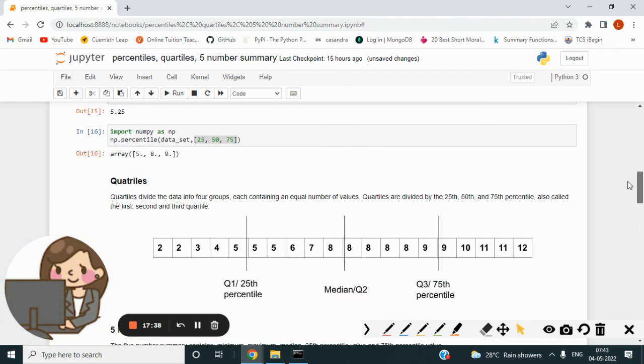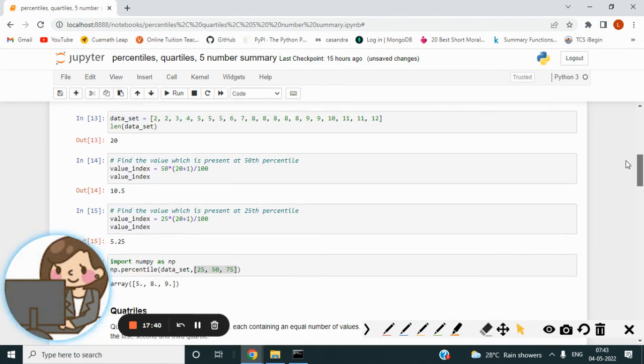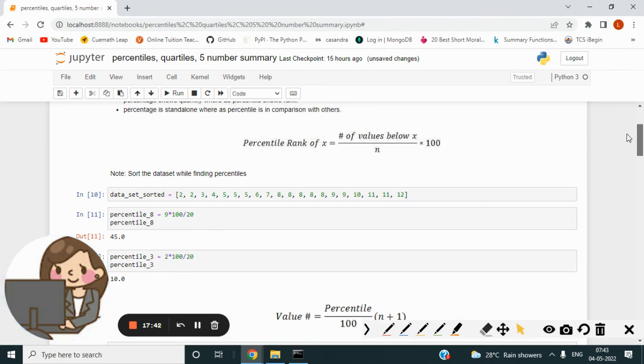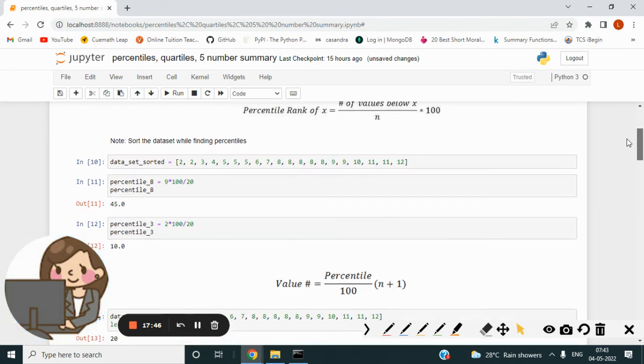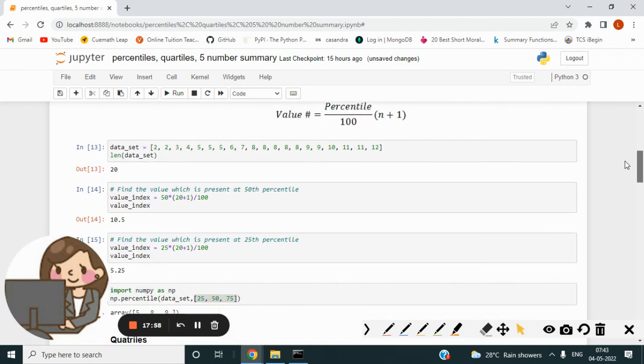So in today's video we covered the difference between percentiles and percentage. Percentage is used to quantify some value by taking 100 as the base, and percentile is used to describe the position of some value among a set of data.